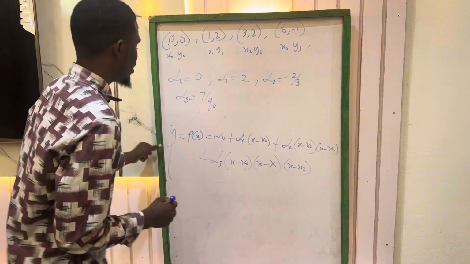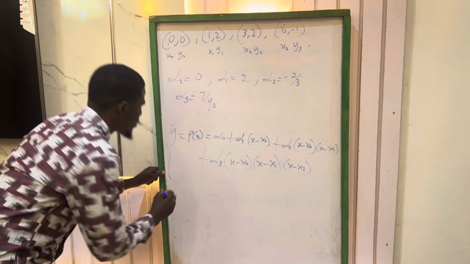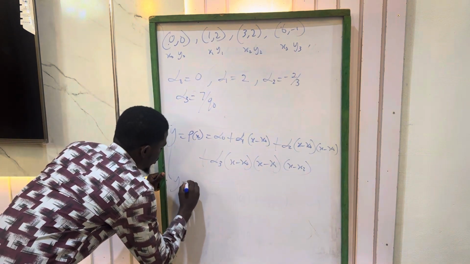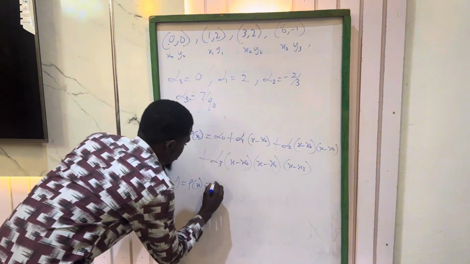Slotting in our values, the polynomial equation that represents the curve for those data points is y = p(x) = 0, since alpha 0 is 0, plus alpha 1 which is 2, into (x - x0), where x0 is 0, so (x - 0).